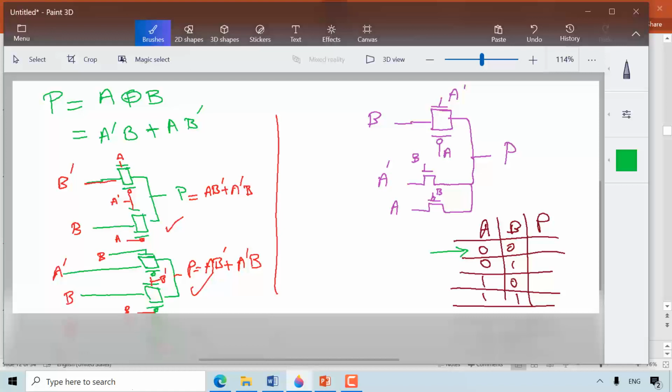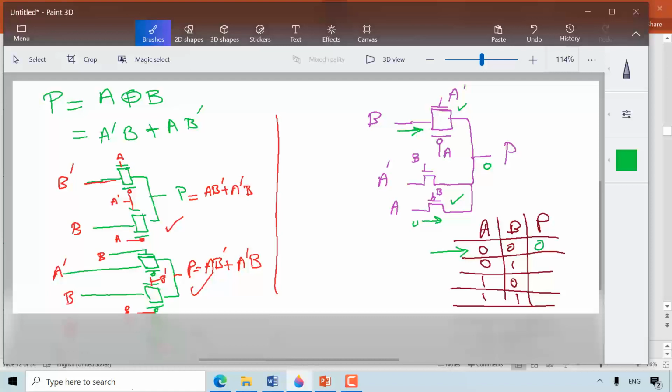In this case, this one will be on, as well as this one will be on. And we will write a zero value for the P, because if this is on, B is 0, we will be writing a value of 0 to the P. Similarly here, we will be writing a value of 0 to P. So the value here equals 0.